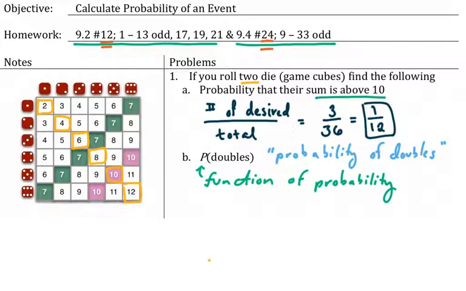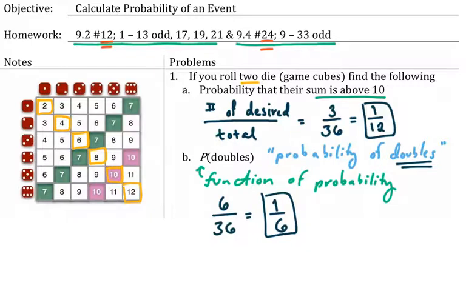So you'll notice we're going to use the same basic fraction, desired over total. So here there's 6 outcomes that we are interested in that are doubles over the total of 36, which we again simplify to 1/6. If you want to write that as a percentage, you can, but again, I'm perfectly happy with it as a fraction.